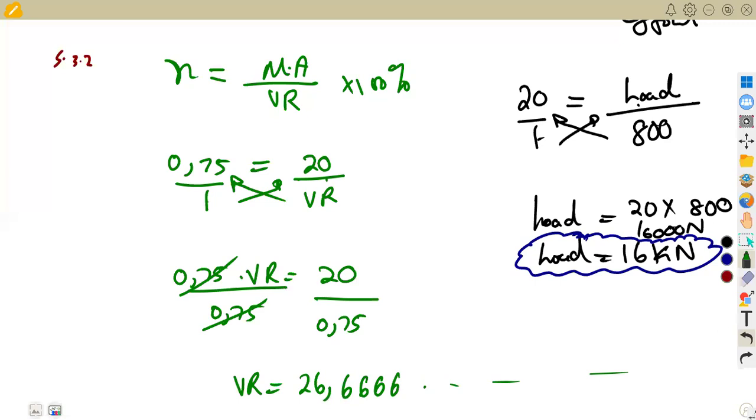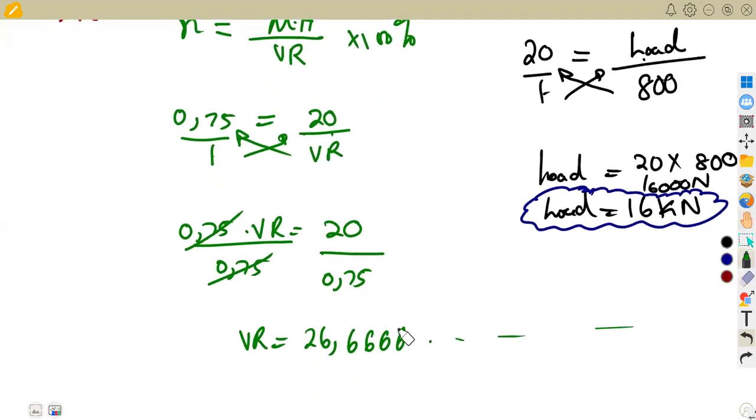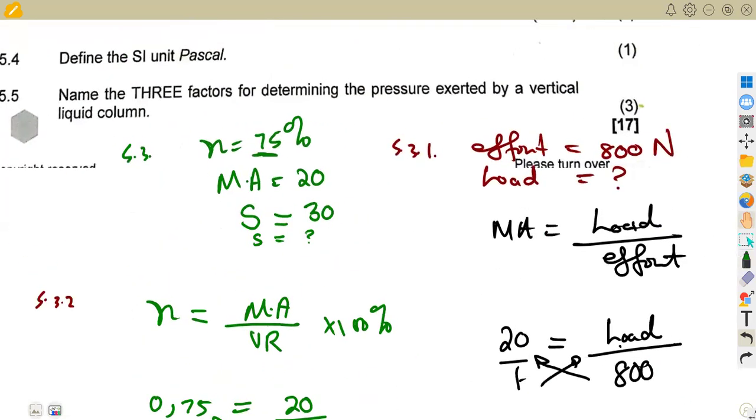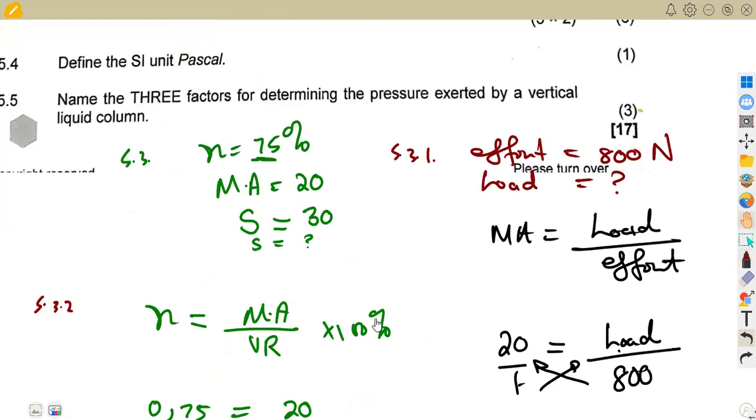Just approximating to the nearest whole number, it's going to be 27. That's our velocity ratio, like 27:1. You can write 26.667, it's fine, but just write 27. They will mark you like that, as long as the first one you wrote all the decimals, then you approximate.